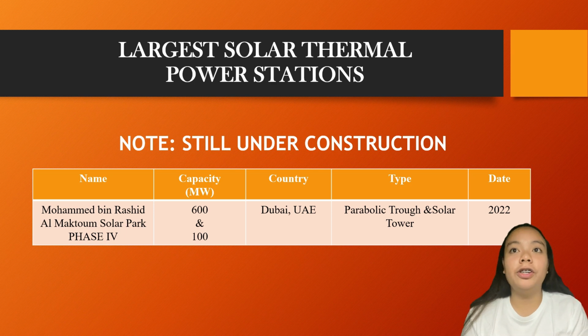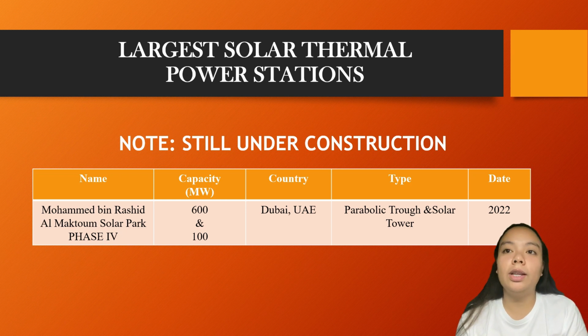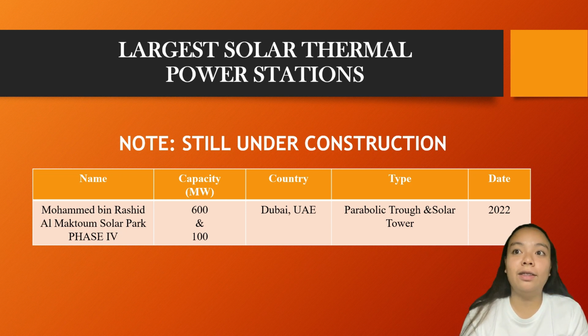There is also one of the largest solar thermal power stations that is still under construction, named Mohammed bin Rashid Al Maktoum Solar Park Phase 4, which has a capacity of 700 megawatts, located in Dubai, UAE, and is a parabolic trough and solar tower type, dated 2022.